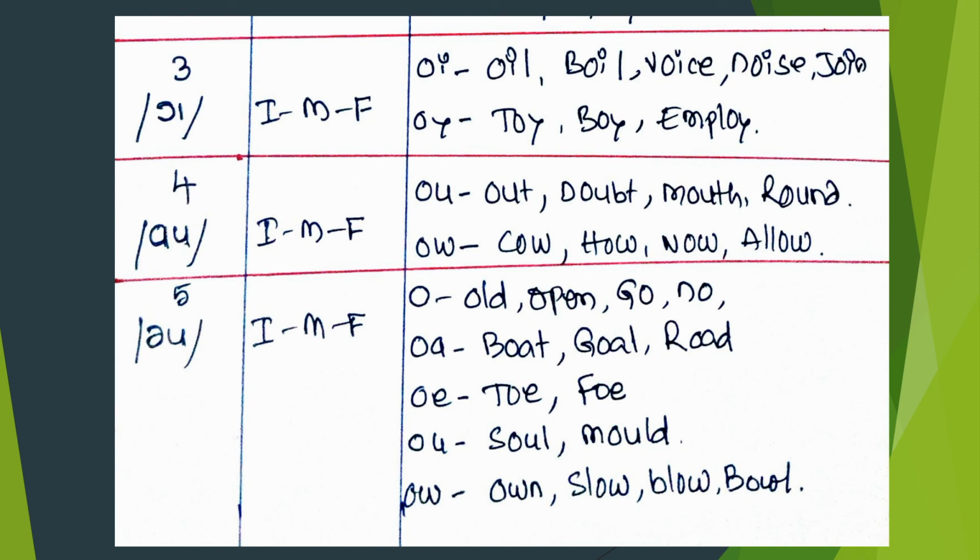Now, this sound OI is also represented with OY. TOY, toy, BOY, boy, EMPLOY, employ. Okay. So these are the examples for the spelling of the third diphthong in the first cluster, oi.